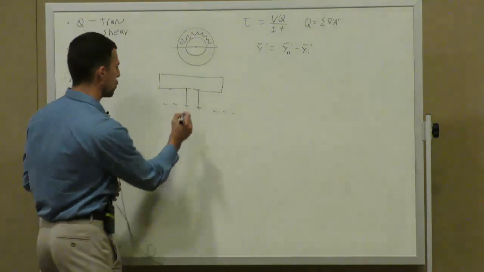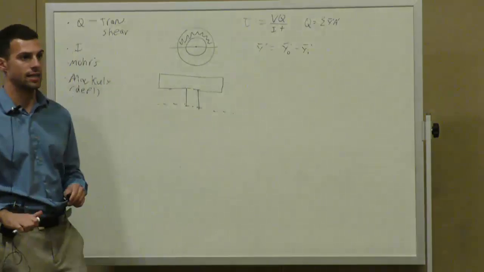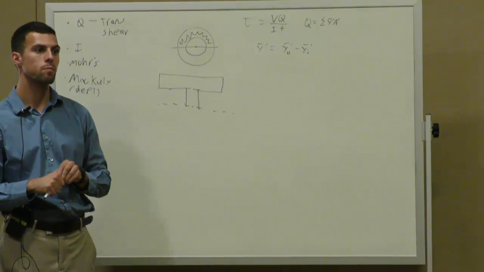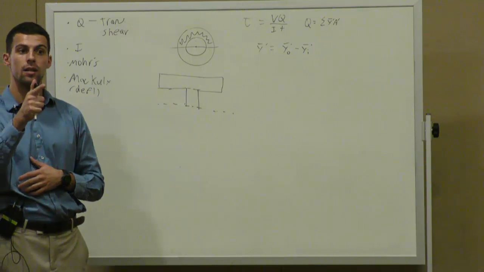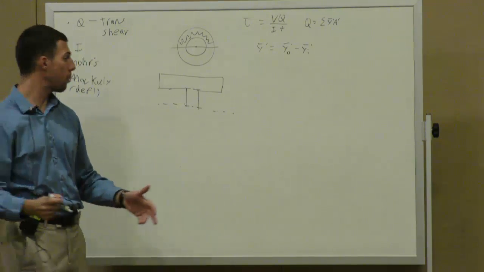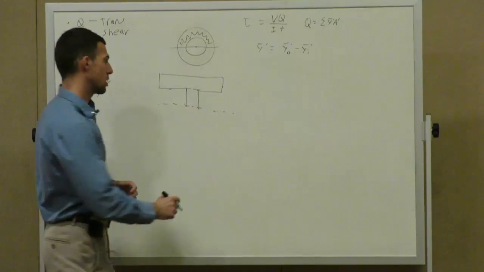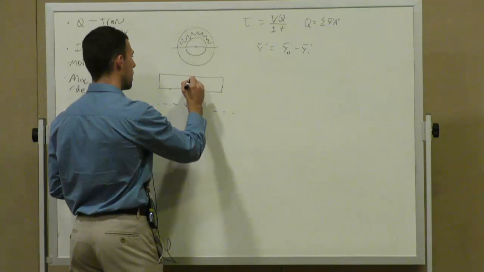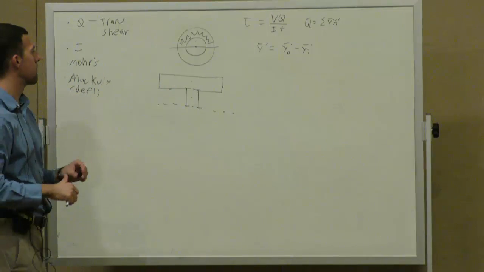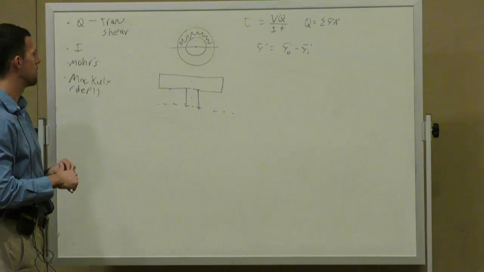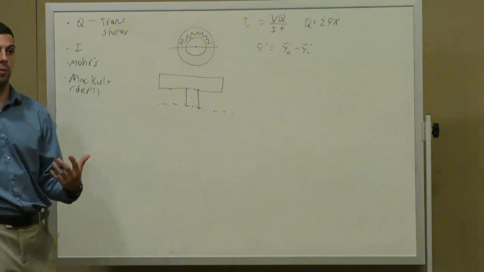For right now, let's assume that we're looking at a point on the neutral axis. You find the y bar prime for each of these guys. So for this one, it's going to be there. For this one, it's going to be there. And you add them up.